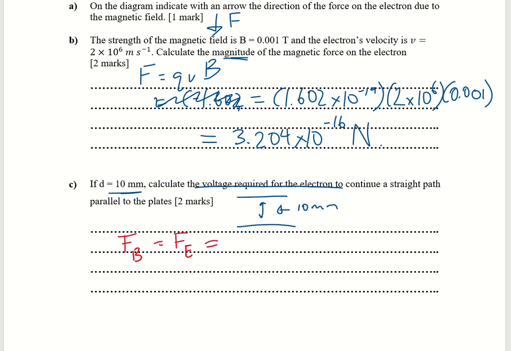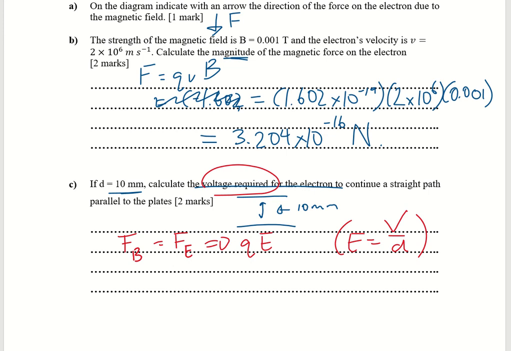If we look at what FE is equal to, FE is equal to qE. And it says the voltage required. So qE, and we also know that E is equal to V over d.